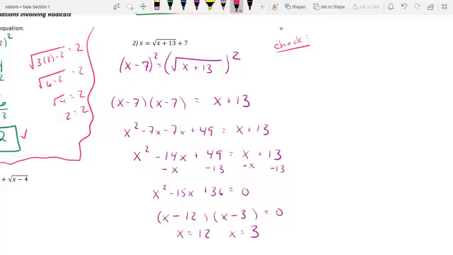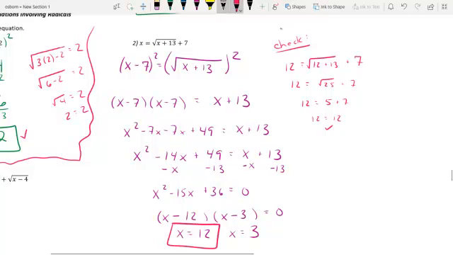Alright, so that means that 12 is equal to the square root of 12 plus 13, and then I have that plus 7. So 12 is equal to the square root of 25 plus 7. So 12 is equal to 5 plus 7. So 12 equals 12. Well, that holds true. So 12 is definitely a solution to this problem.